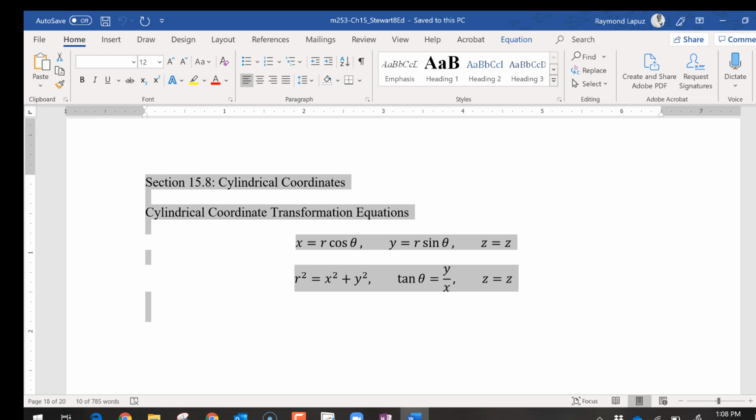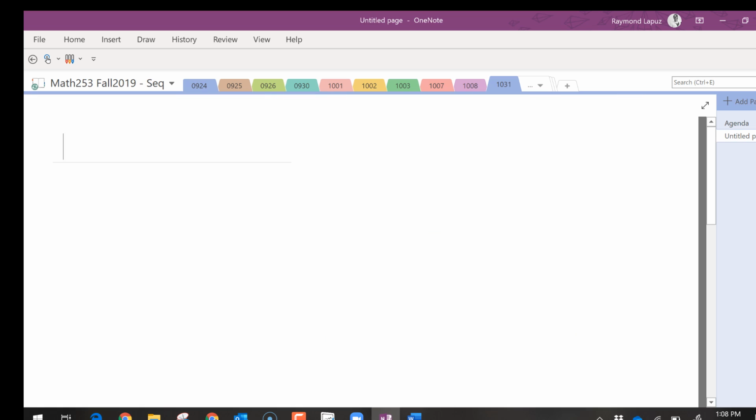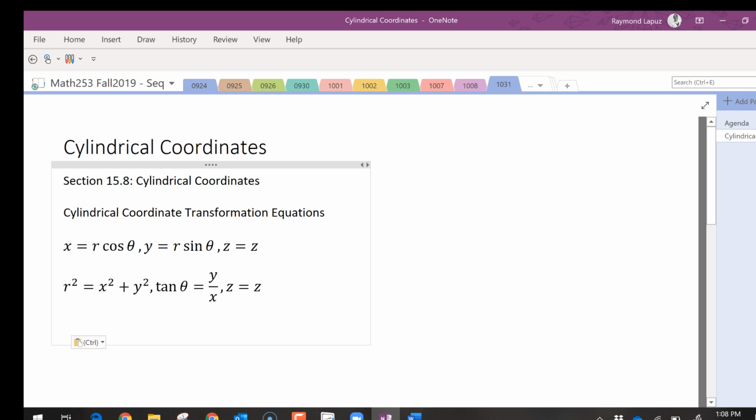So now, let's go to section 15.8, where we're looking at a cylindrical coordinate transformation.